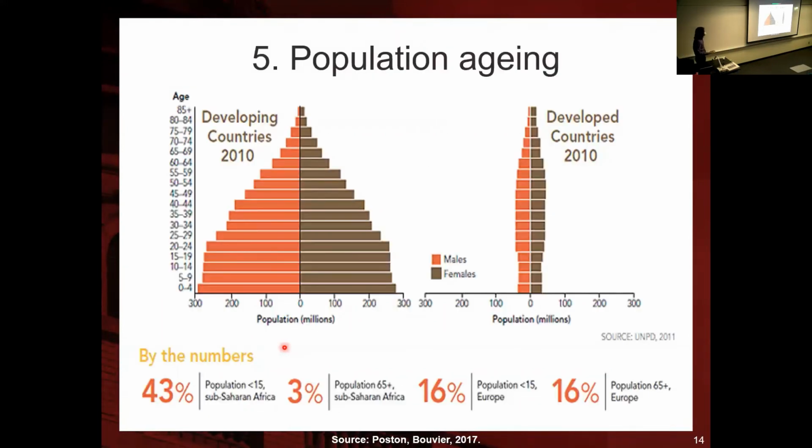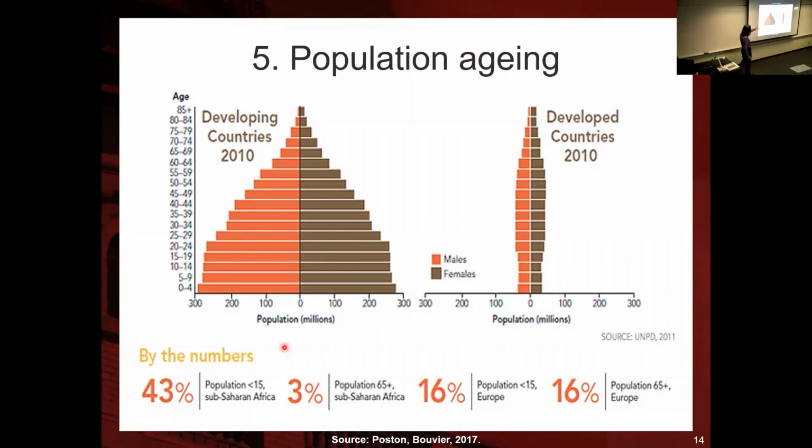The fifth point, population aging. I showed you the age-sex structure in the previous chapter, showing how countries are experiencing fertility decline and mortality decline. So the shape of the age-sex structure stops being a pyramid and starts being more rectangular.